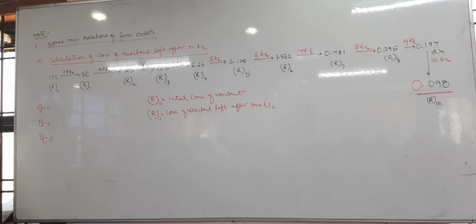Question number 1. The half life period of a first order reaction is 25 minutes.